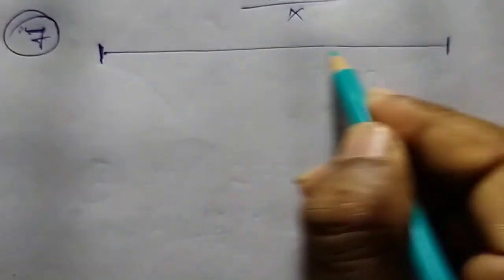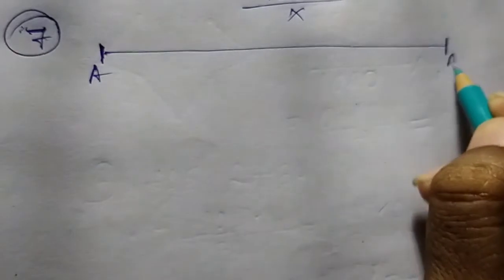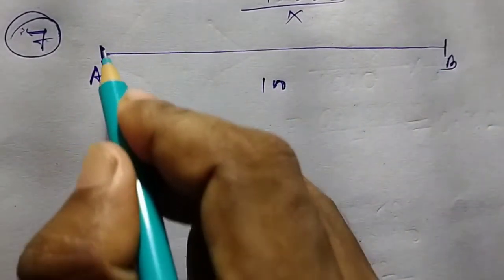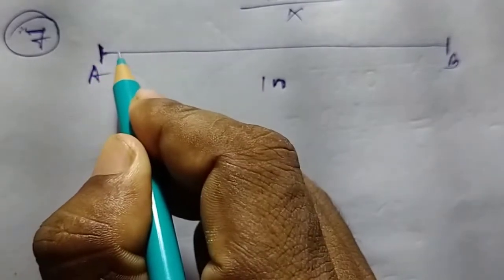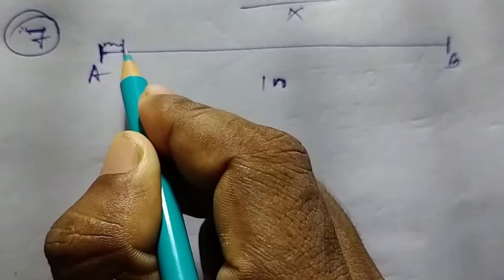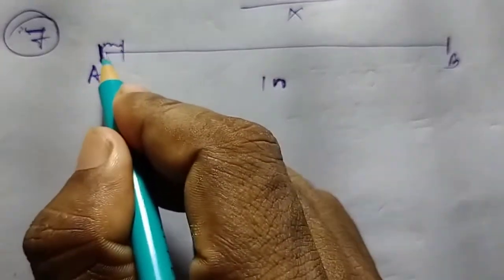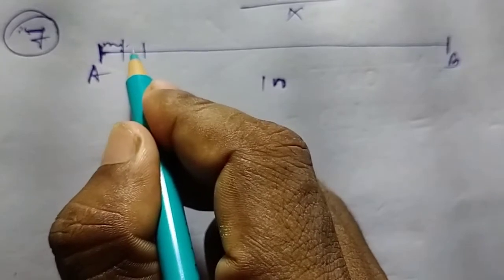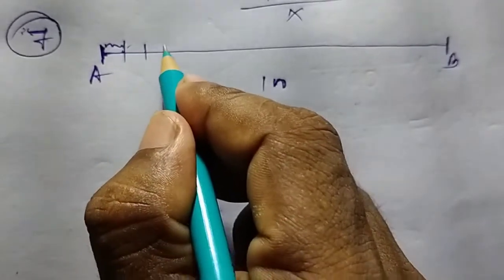The length of this line from A to B is 100 meter, but Bhola goes 1.25 meter in every step. So this 1.25 meter, again in the next step he will go another 1.25 meter and so on.